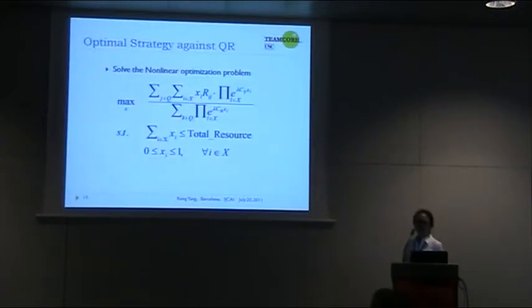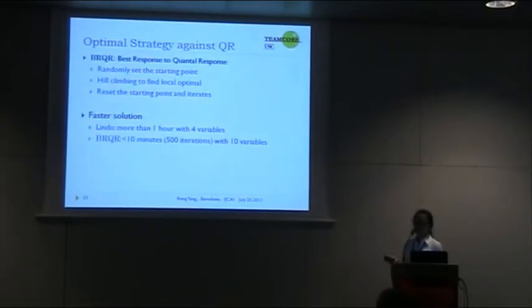And the value we use in the work is 0.76. Okay. So if we model the adversary's behavior as a quantal response, then in order to compute the optimal strategy of the defender, what we need to do is essentially solve this optimization problem. The objective function here is obviously nonlinear, and in its most general form it's also non-convex. Due to the non-convexity of the objective function, we focused on local search algorithms.